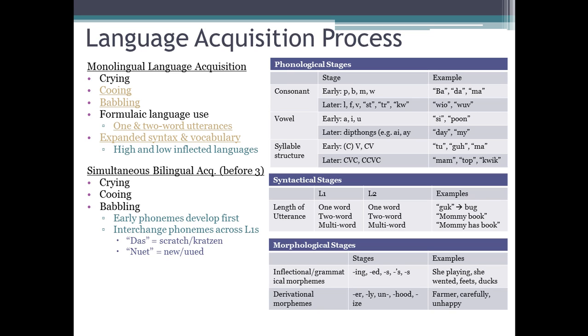Same thing as the second example, "nuet". So new in English is "ued" in Estonian, and together the child might form their own unique term, "nuet", and use that in both English and Estonian.